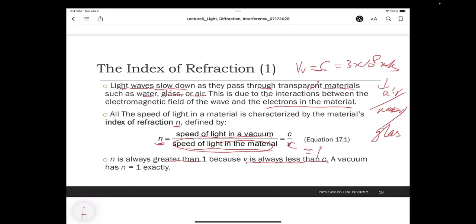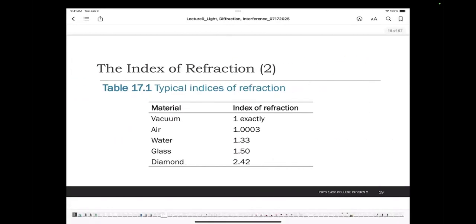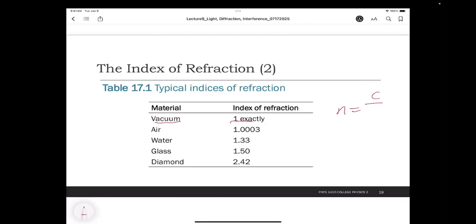Let's see some typical indices of refraction. For the vacuum it is 1, n equals c divided by c. For air, it is 1.0003, which means the speed v in air is very similar to that in a vacuum.